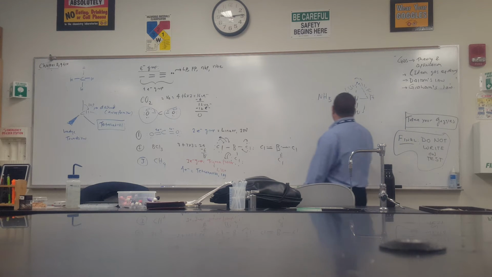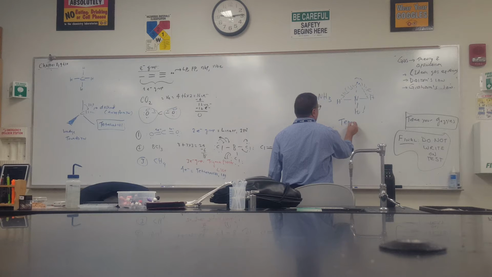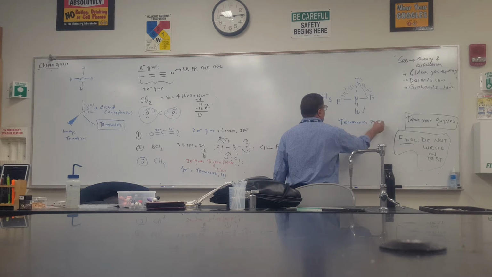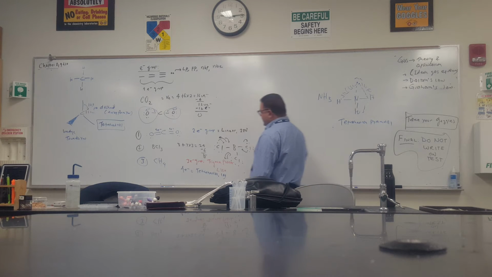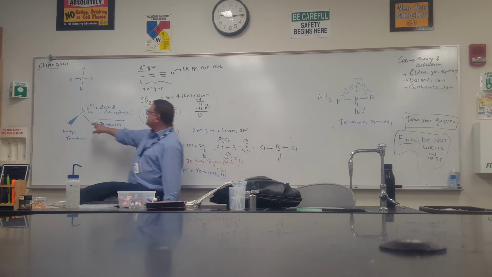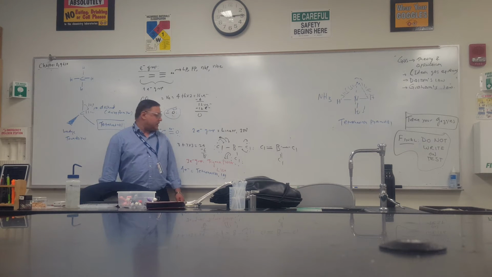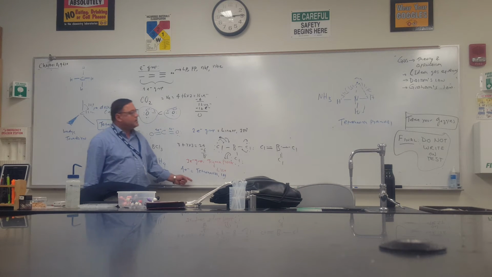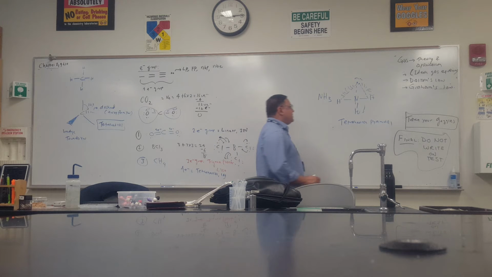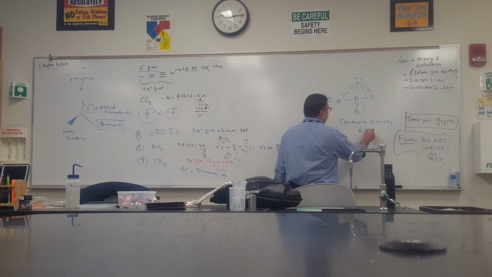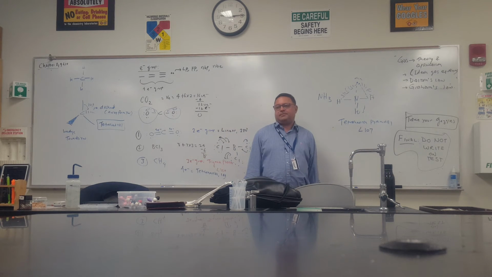So it's a tetrahedral, but pyramid. This is regular tetrahedral, if all these groups of electrons are identical. But this is trigonal pyramidal, with the angle 107, reduced because of the lone pair.